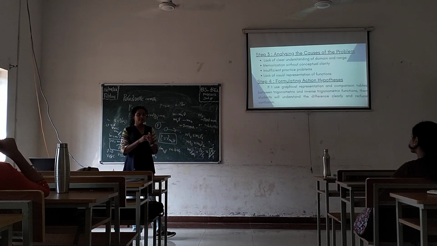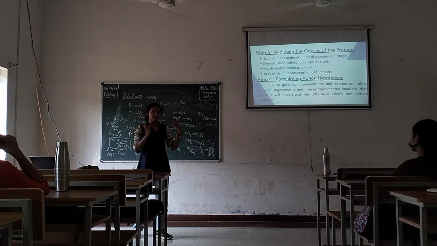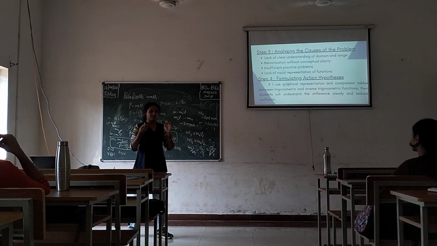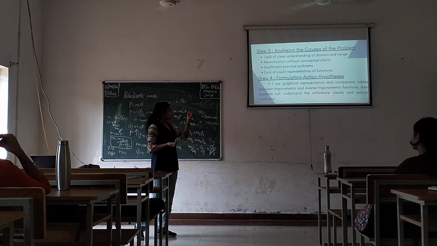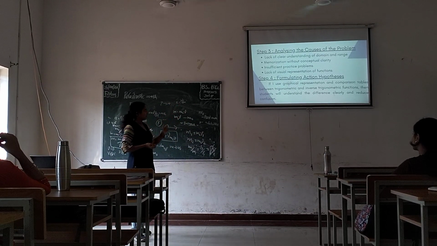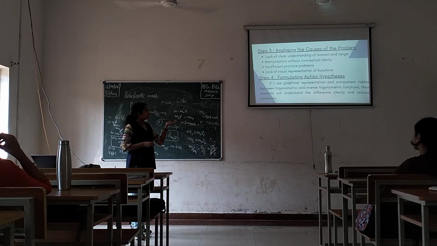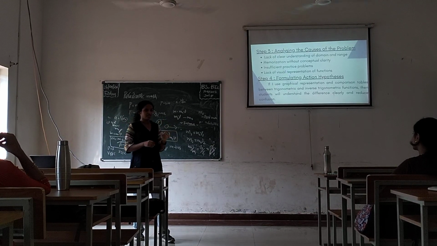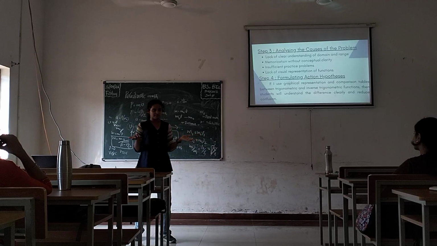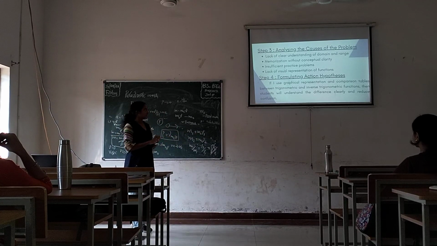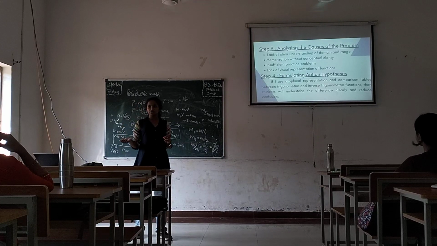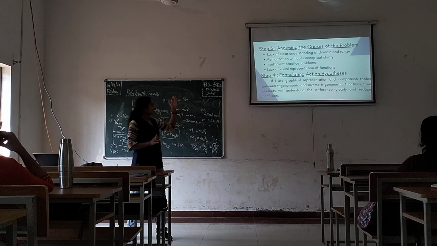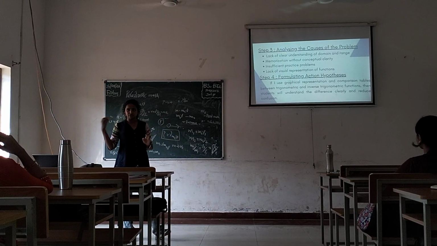The children might do something in class, go home, leave it, then come back in the morning with the same bag. So they are not practicing. Sometimes insufficient practicing of problems can be the problem. Then lack of visual representation of functions. All these things are abstract, so the students might not understand. So a lack of visual representation can also be a cause for this issue. These are the causes that the teacher found.